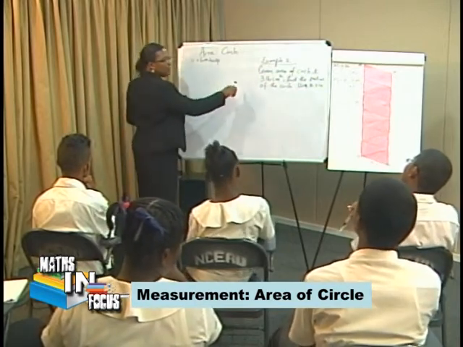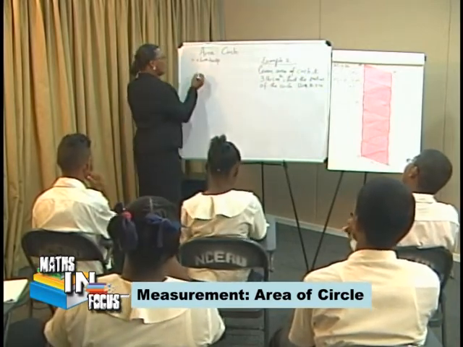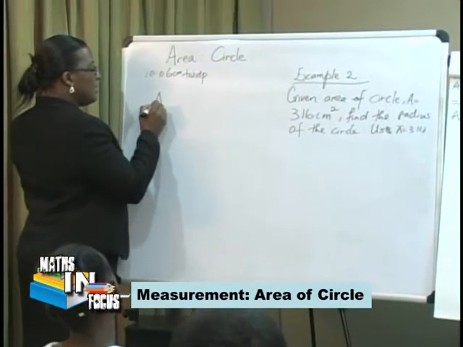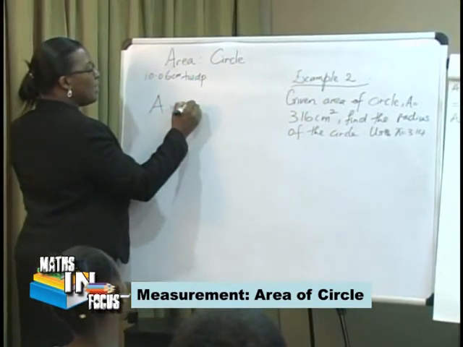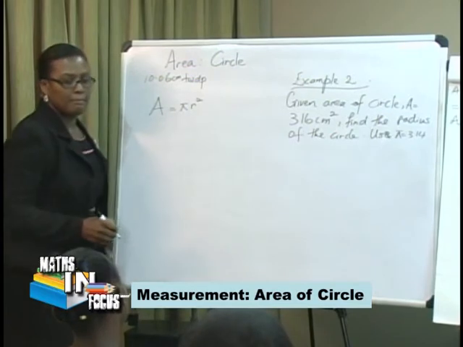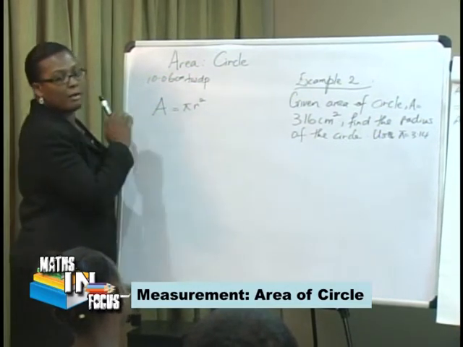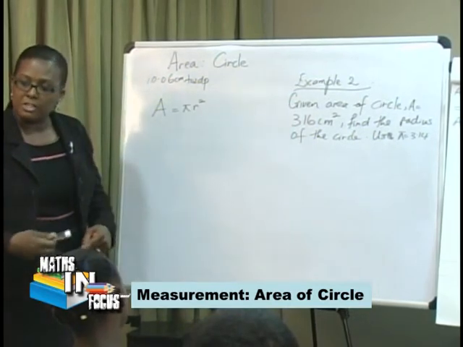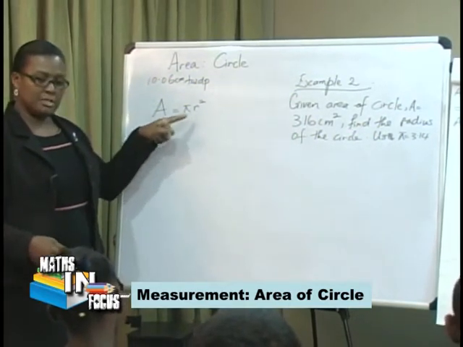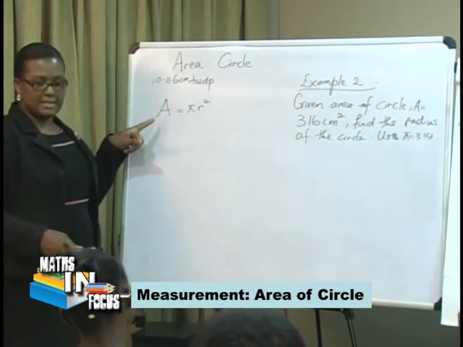Now let us go through this particular question. We know that the area A is equal to pi r squared. We're interested in finding the value of r. So we're going to rearrange our formula to make r the subject. As it is here, A is the subject.